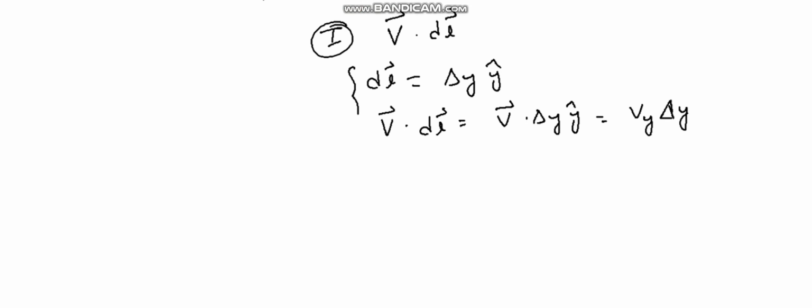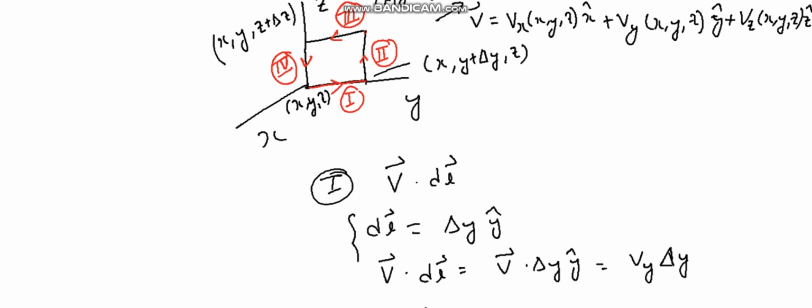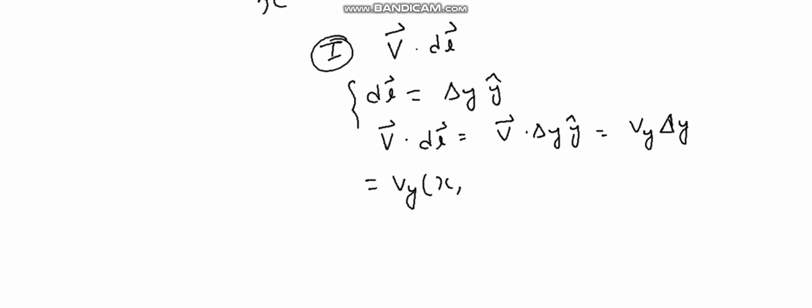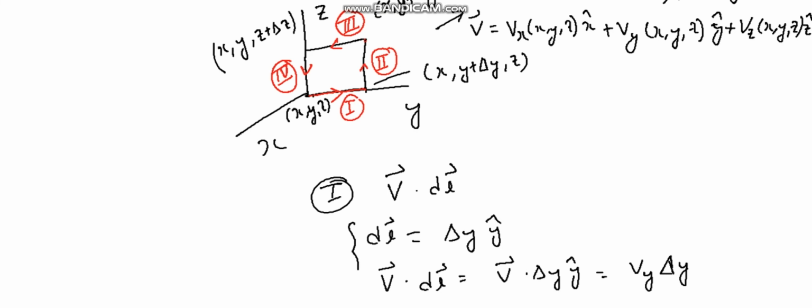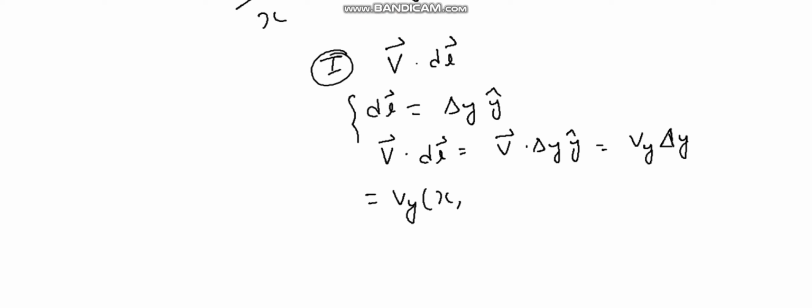Let me write it properly: Vy as a function of x, and y is a variable over here, so different values of y will be there on this path, so that is y prime, and for z it is only z.